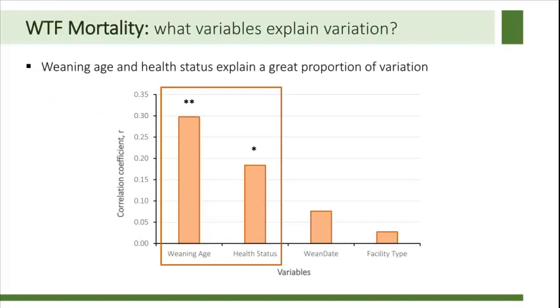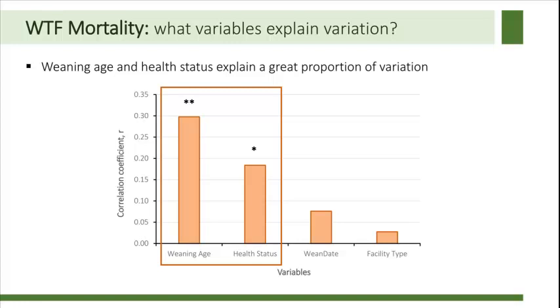Going into the results of the analysis, one of the questions was whether there is an effect of weaning age, and what that effect is. To exemplify, here is the wean-to-finish mortality. We tested weaning age along with other variables that we thought might impact the performance of those pigs: weaning age, health status, wean date, and facility type.